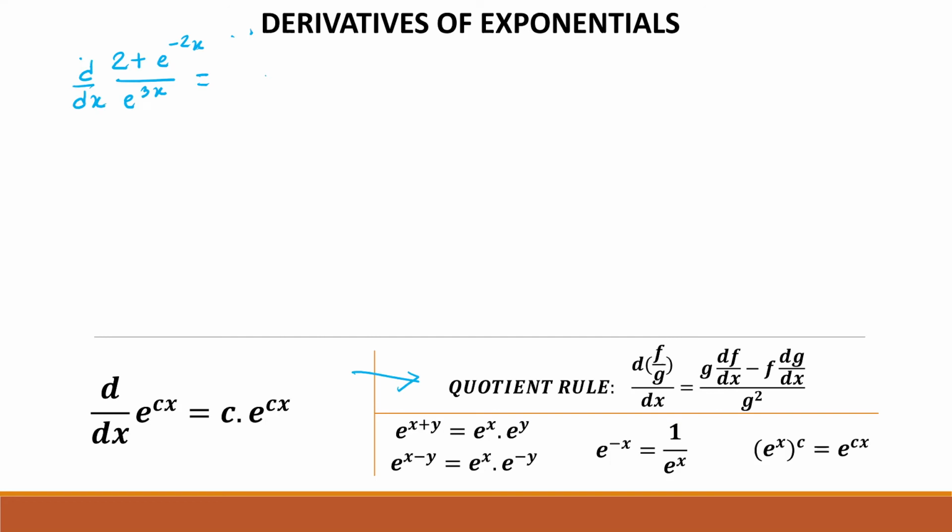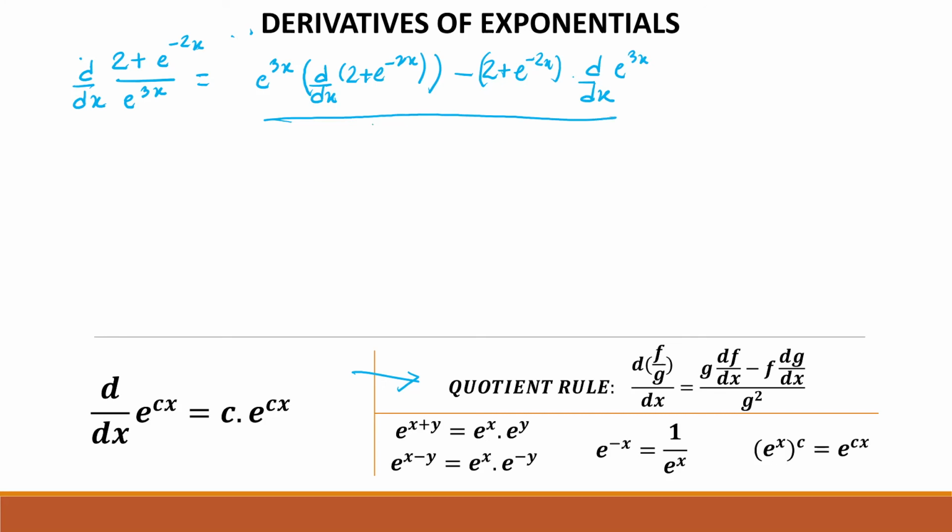In the quotient rule, our denominator term is e to the power 3x, then we find the derivative of the numerator times the denominator, minus our numerator term times the derivative of the denominator with respect to x, divided by the whole square of our denominator term, right?